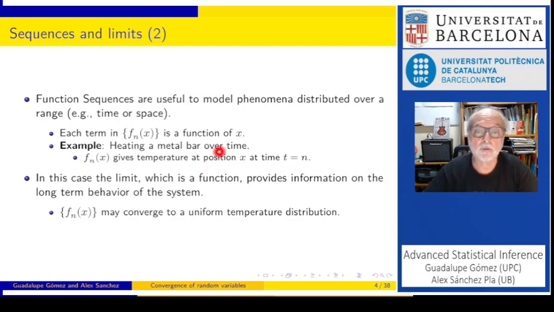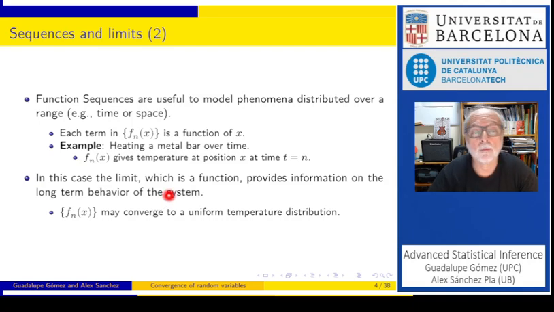For instance, if we consider the heating of a metal bar, we have that f gives the temperature at the position x, but if the bar is not being heated, it is cooling, the temperature is decreasing following a certain equation in time. So we have a function succession instead of a numerical sequence. In that case, this function would converge to a function that would provide us with a uniform temperature when it is completely cooled down.